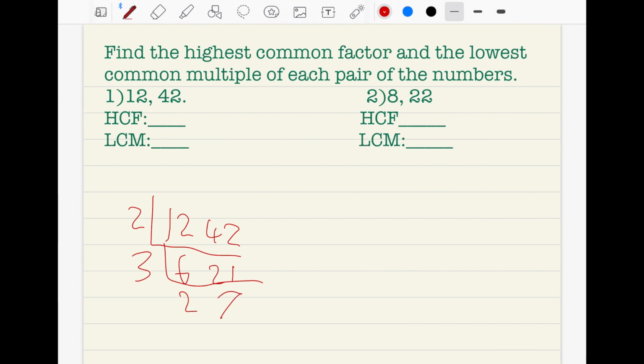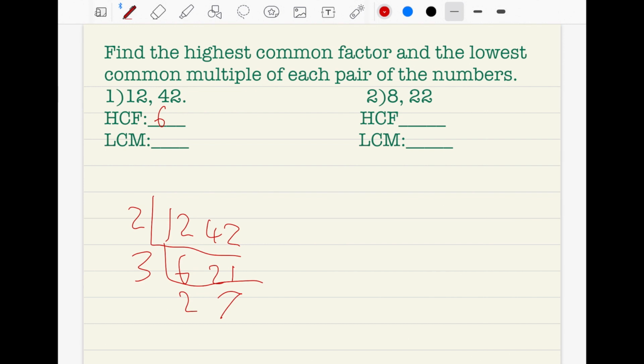We can no longer divide these two numbers, so we now figure out the highest common factors and lowest common multiples. So remember, the H, first stroke, 2 times 3, and I guessed correct here. It is the 3. So 2 times 3 equals 6, and 6 is the highest common factor for 12 and 42.